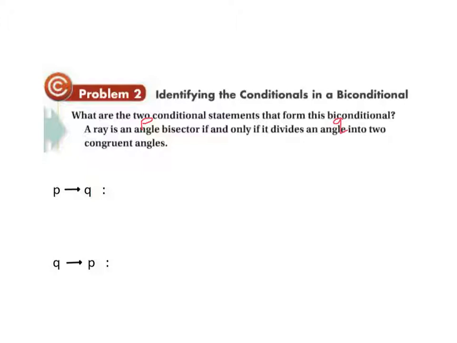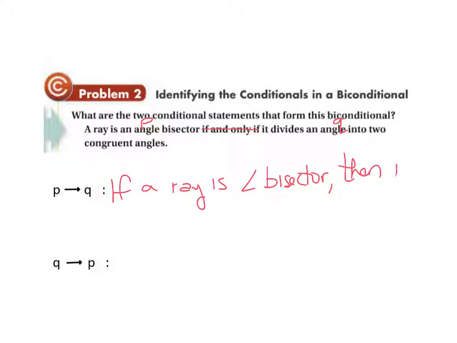That's the Q. So I'm going to get rid of the if and only if, and it's going to be: if a ray is an angle bisector, then it divides an angle into two congruent angles. I agree with that. That's true.